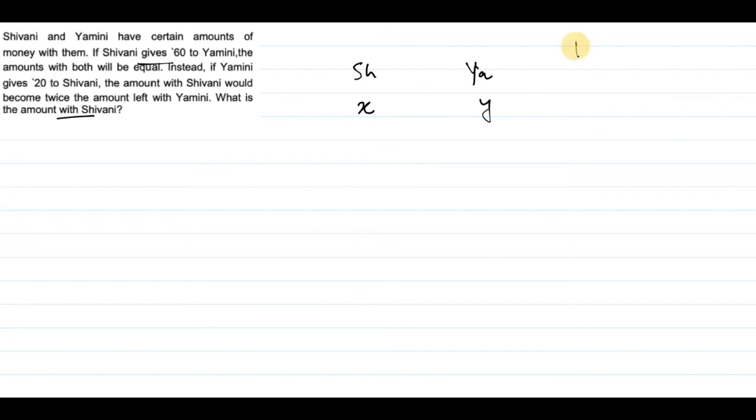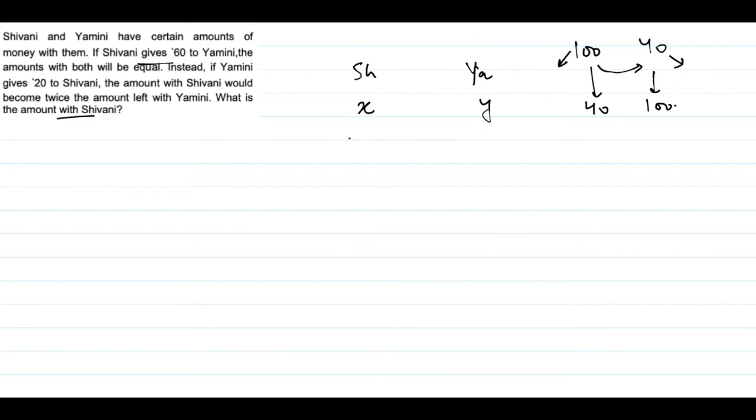Suppose I've got 100 rupees and you have 40 rupees. If I give 60 to you, I'll be left with 40 only, and you will be left with 100. So 60 got reduced from my purse and you got 60 in your purse.